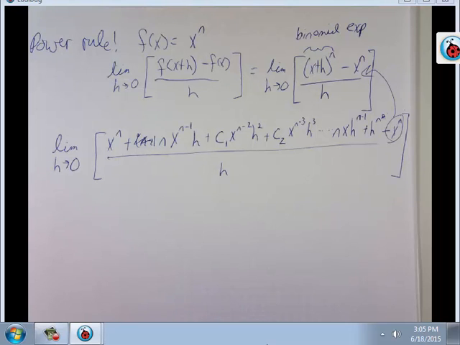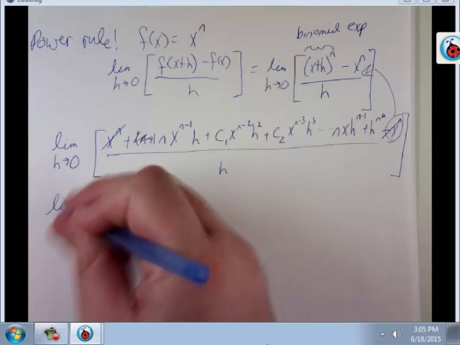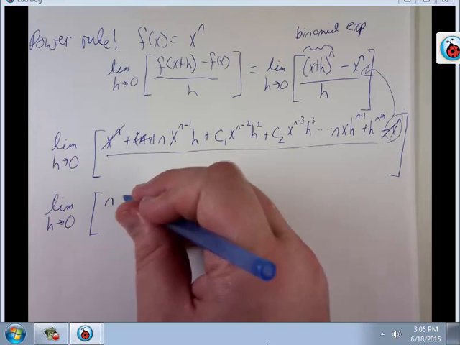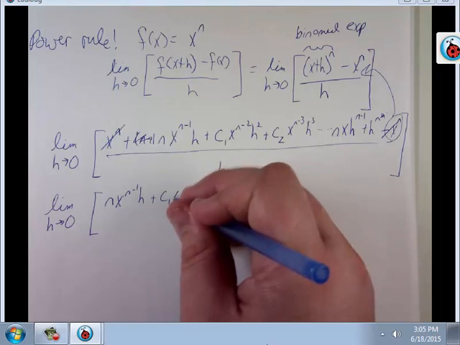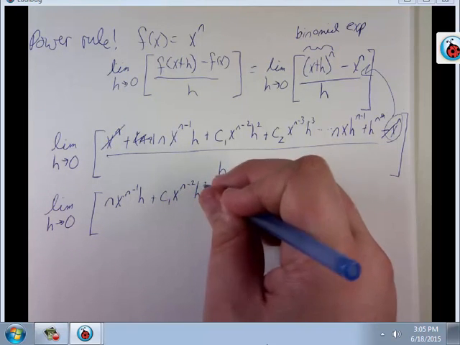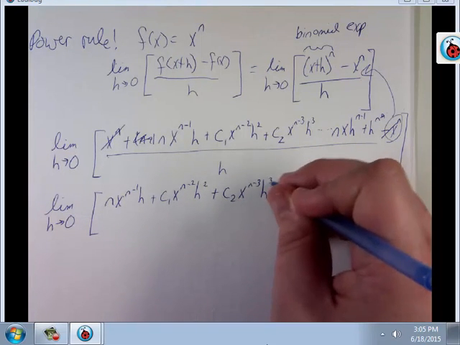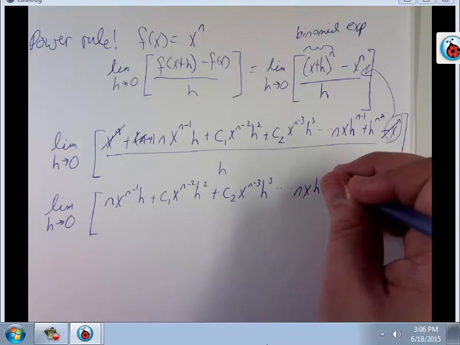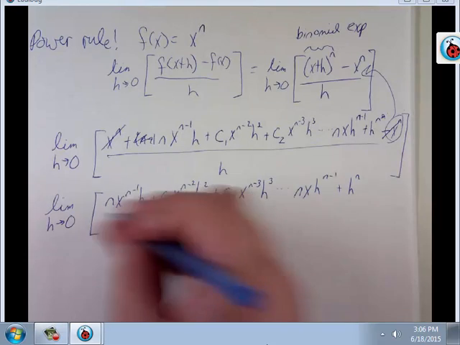Well, the only thing that's canceling out here is these. When this h goes to 0, and this will look a lot cleaner down here, n x to the n minus 1 times h, plus constant 1 times x to the n minus 2, h to the second, plus constant 2, x to the n minus 3, h to the third, dot dot dot, n x times h to the n minus 1, plus h to the n, all over h.